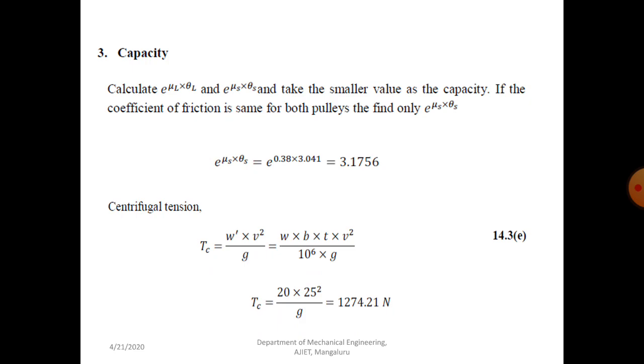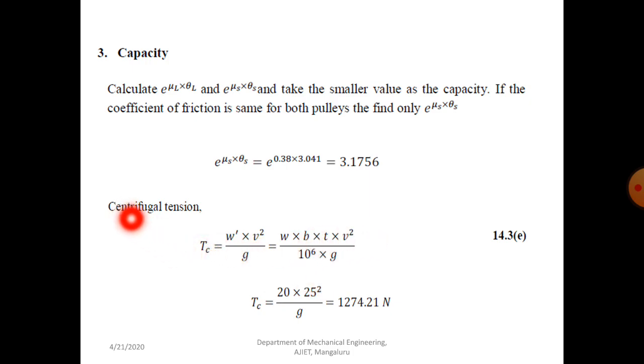belt tensions. First you calculate centrifugal tension, because they have given one more important term in your problem, that is W dash. W dash means weight of the belt per unit length, and that value is given as 20.